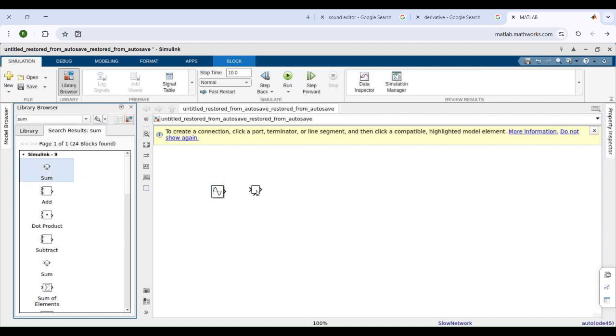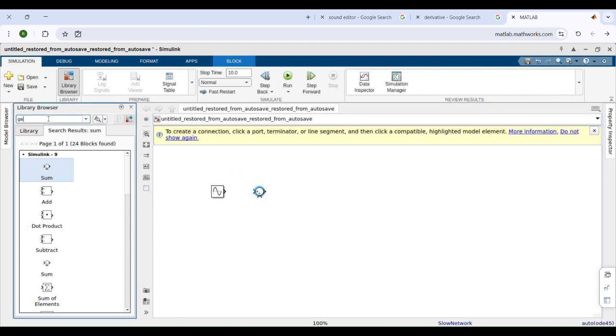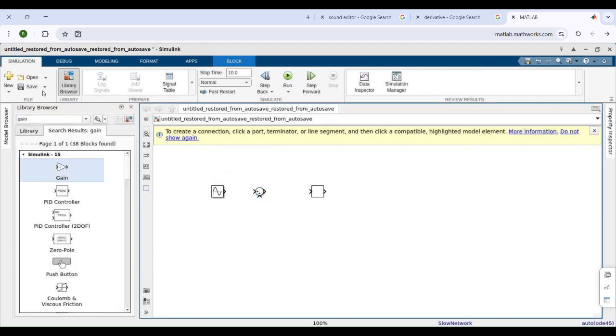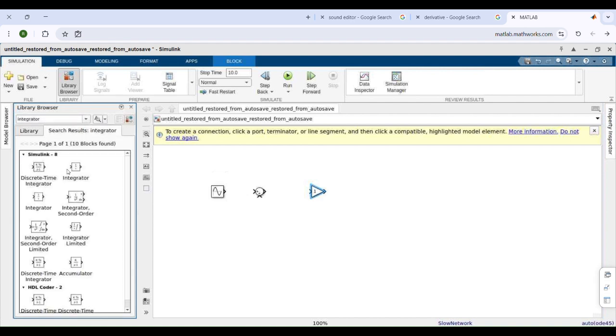Okay. Plus, gain, integrator, also scope.